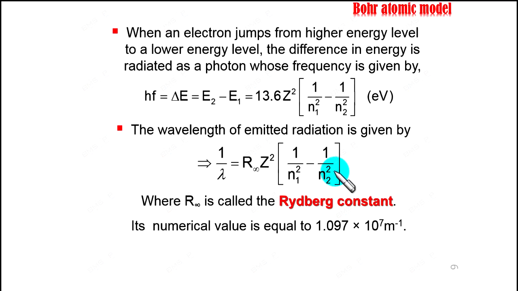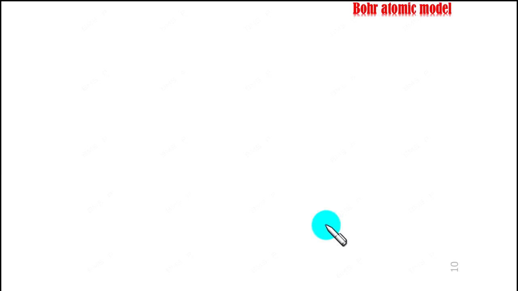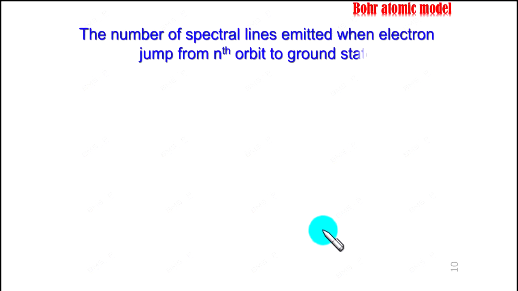So, let us now find the way to calculate the number of spectral lines due to transition of the electron from n equal to n to n equal to 1. Now we want the number of spectral lines emitted when the electron jumps from an excited level to a lower level. Suppose this excited level is n equal to n, the nth level, and the transition is happening to the ground level. From n to 1, let us consider the number of possibilities through which the electron can move.